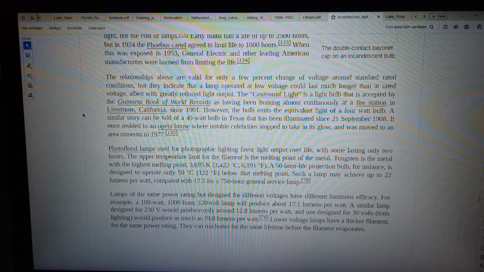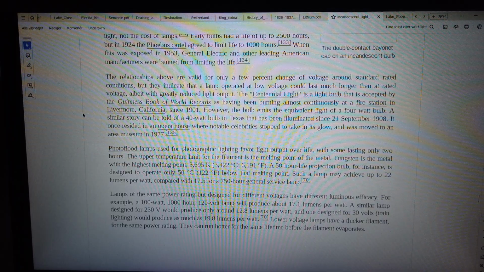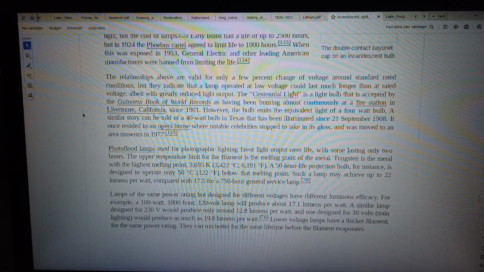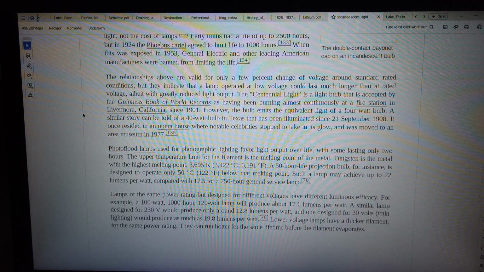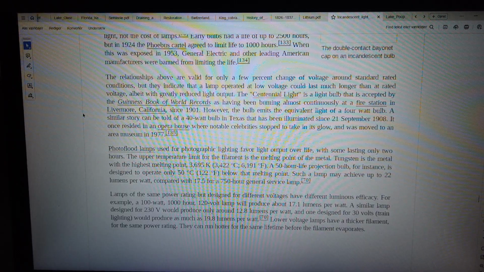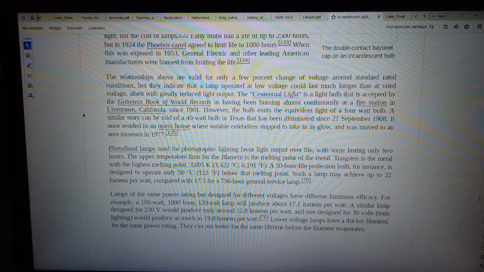However, the bulb emits the equivalent light of a 4-watt bulb. A similar story can be told of a 40-watt bulb in Texas that has been illuminated since the 21st of September, 1908. It once resided in an opera house where notable celebrities stopped to take in its glow, and was moved to an area museum in 1977.